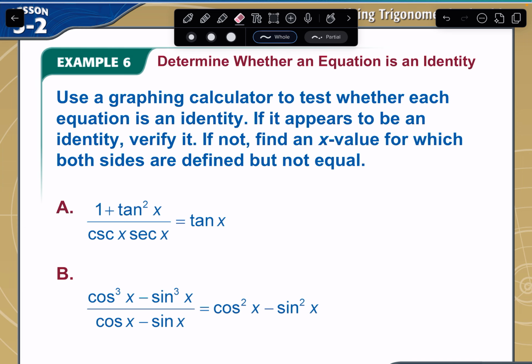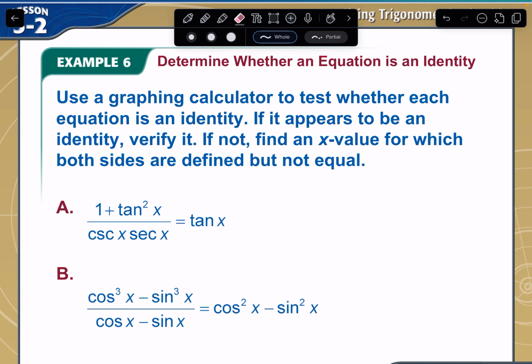Your last example is using your calculator to test whether each equation is an identity or not. And then it says, if it appears to be an identity, verify it. And then if not, find the x value for which both sides are defined but not equal.